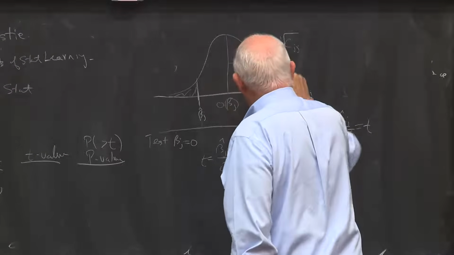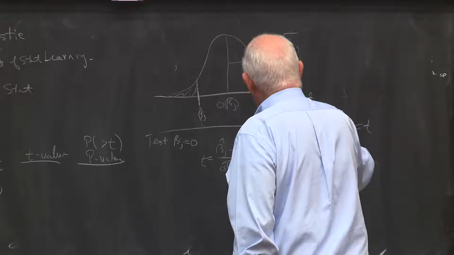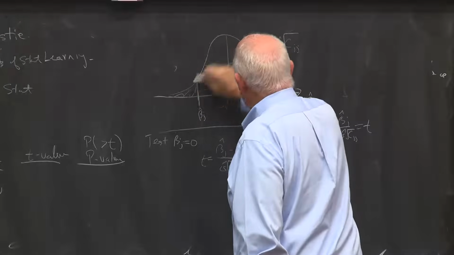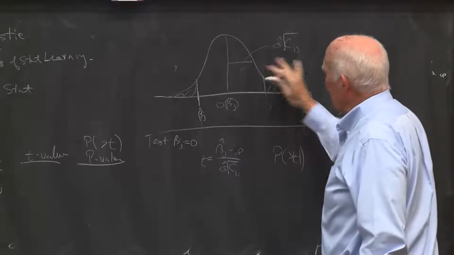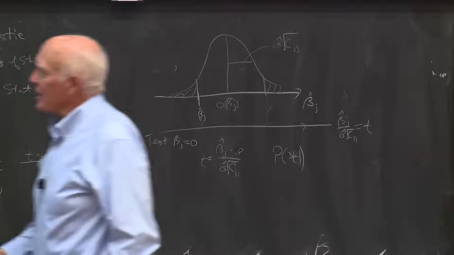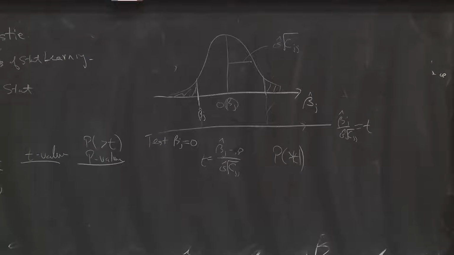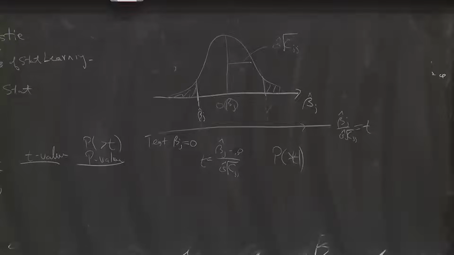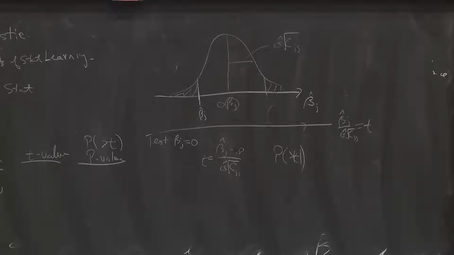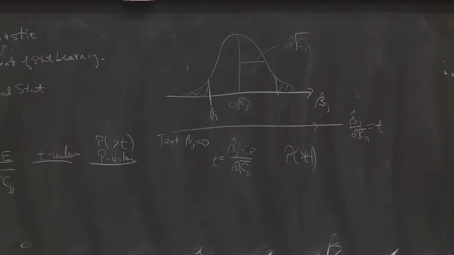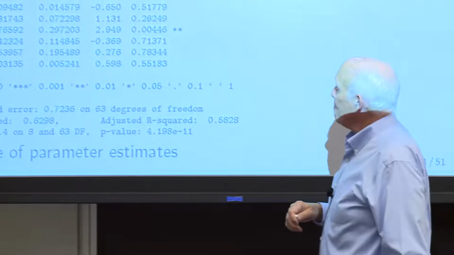Then we basically have a t-distribution for the outcome of the least squares estimate, and we're calculating how likely it is we would get as large or larger a t-statistic if the true regression parameters were 0 or not.